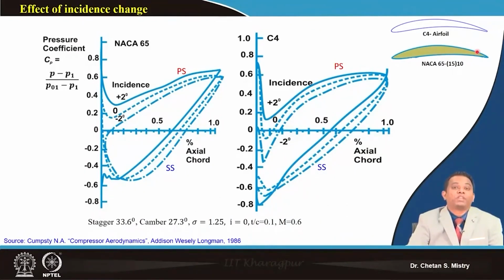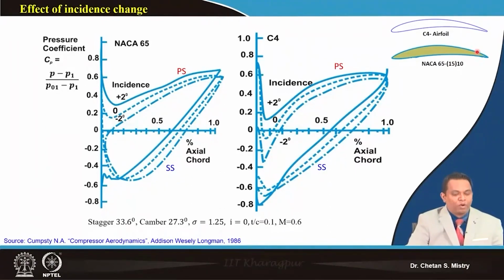Many times, fabricating such aerofoils is more challenging because the thickness towards the trailing edge is less. There may be a possibility that it gets damaged during the manufacturing process itself, and that is the reason why people try to use the C4 kind of aerofoil in the initial iteration.